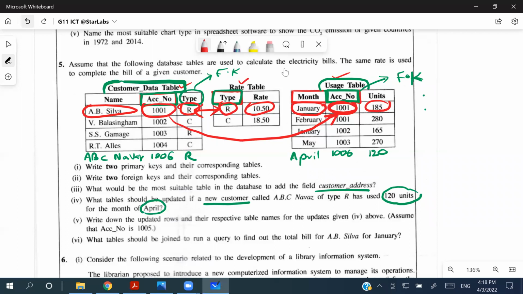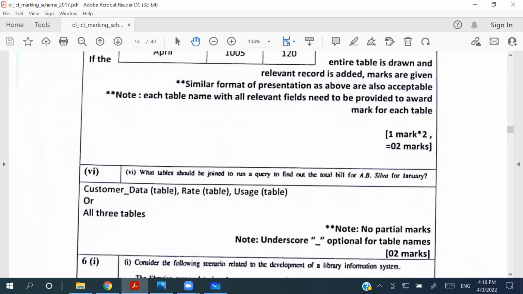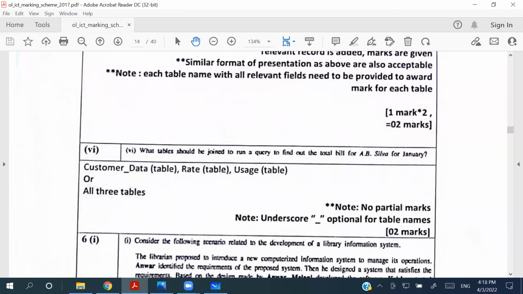So we need all three tables to figure out the total bill. Right, so to answer in that manner, you will be given 2 marks. That is how 10 marks are being allocated. So see how much you got out of 10.